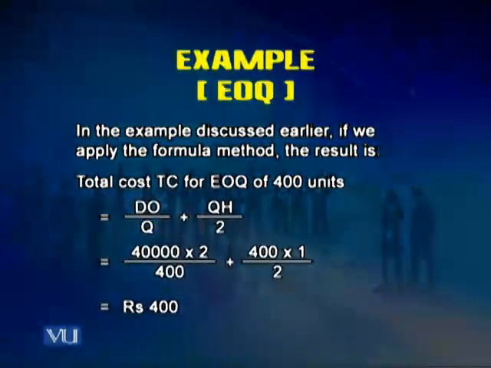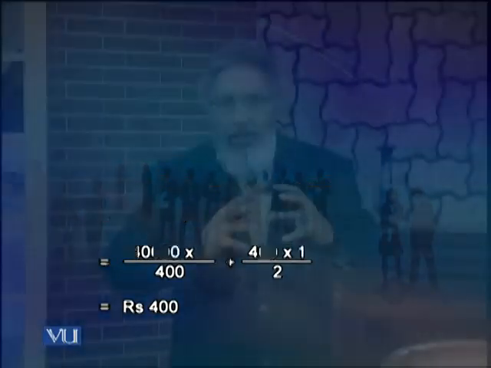Here we have used the formula for the total cost, which is DO over Q plus QH over 2. That gives you the total cost, and that answer comes to 400. And in our tabulation, we also saw that the total cost, which was minimum, was 400. So we have applied the formula successfully to that data and come to the same conclusion.